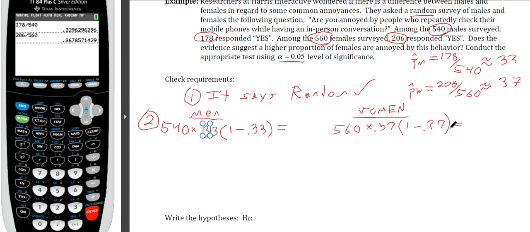Let's calculate both of these. All right, for men, we have 540 times 0.33 times 1 minus 0.33. We get 119, which is definitely above 10, so we're good. And for women, we have 560 times 0.37 times 1 minus 0.37. That gives us 130. So 119 and 130.